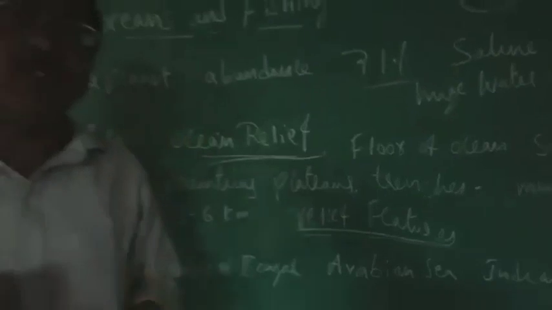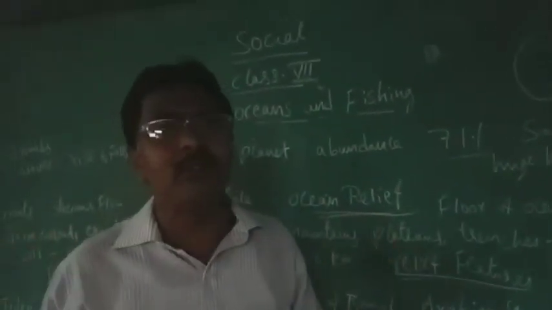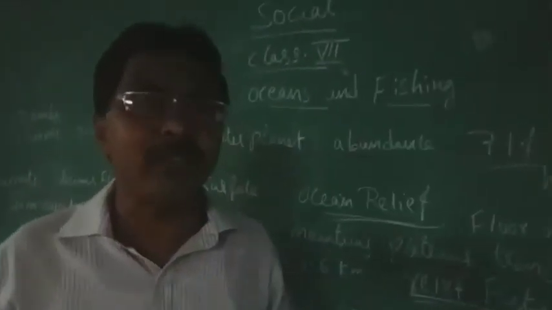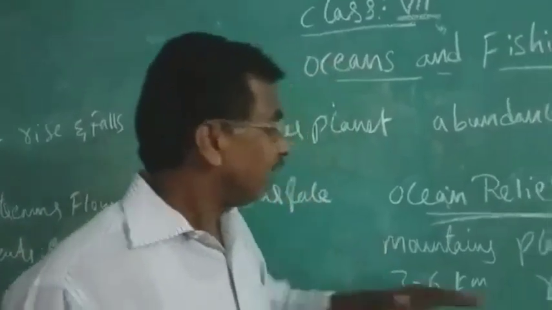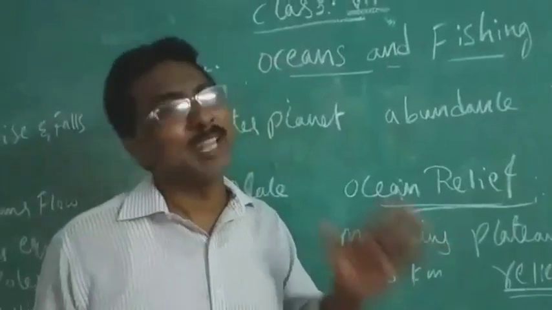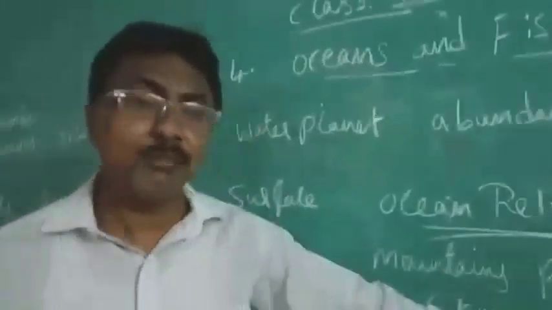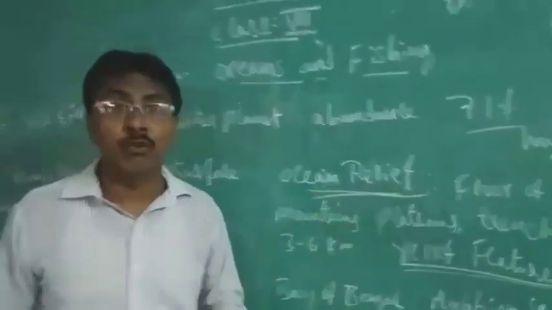Why am I telling you this? Relief features means mountains, plateaus and plains, and these are found on land on the earth's surface. But I am telling you about them on the ocean floor.